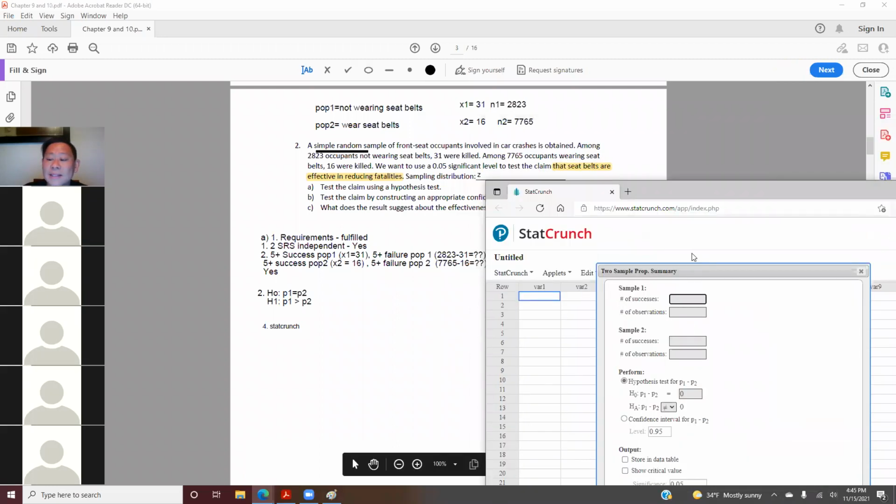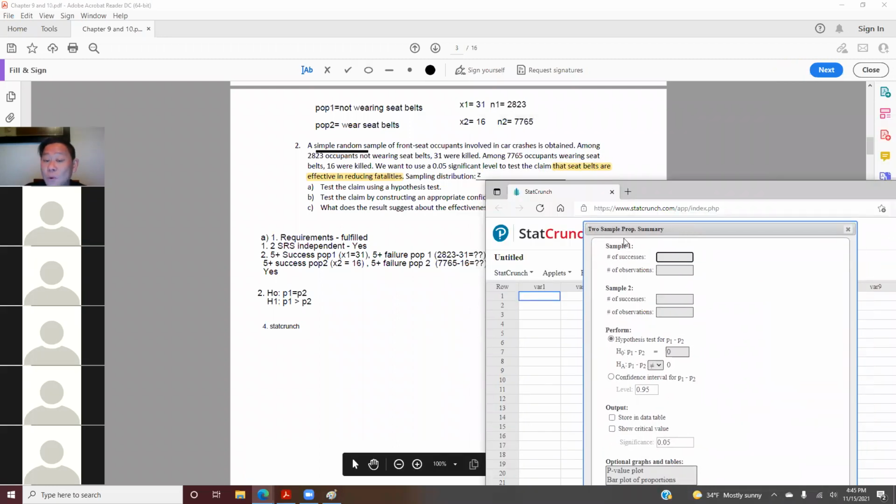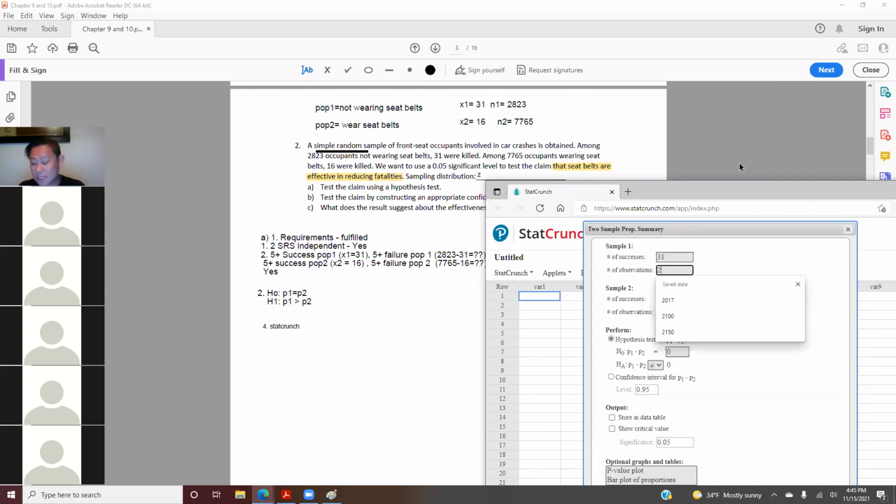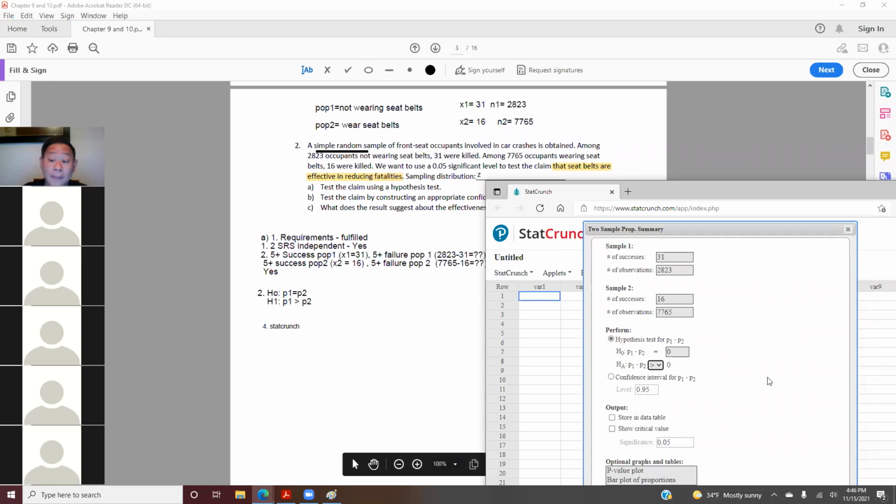The number of successes for sample 1 is 31, and the number of observations is 2,823. The number of successes for sample 2 is 16, and the total observations is 7,765. This is equal and this is greater than. So it's P1 is greater than P2.